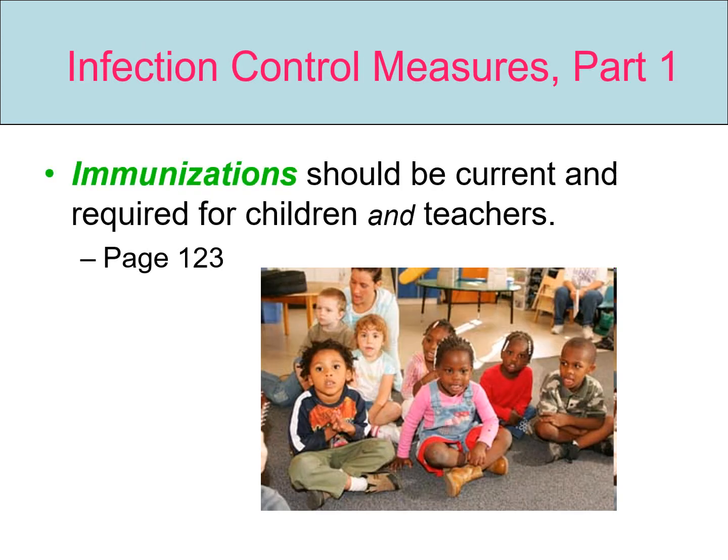So immunizations should be current and required for children and teachers. I did mention in the previous chapter that you cannot avoid immunizations for children just because of personal preference anymore. And there are new laws in California that require that anyone working in the care and supervision of children in a licensed program in California must not only have their TB clearance, but they also have to have whooping cough vaccinations and measles, and then flu shot.